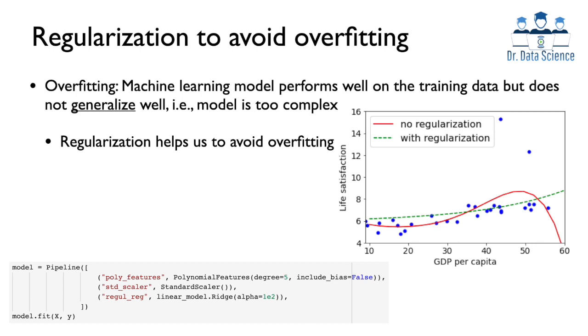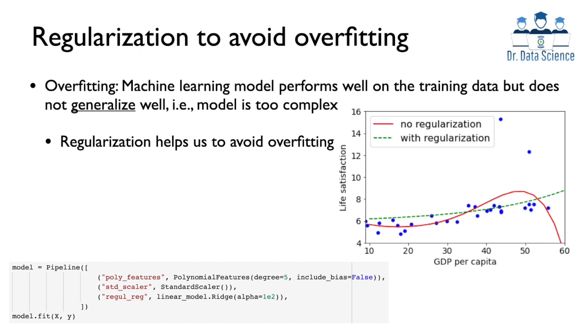And one of the main underlying reasons for this is that the machine learning model that we use is too complex. So here I'm looking at exactly the same problem that we had before. And instead of using linear regression, now I want to use polynomial regression, meaning that I'm using polynomial features. And here I decided to use polynomial features of degree 5 to just make sure that I can capture any nonlinearity that I have in my problem. And this is defined using this pipeline.